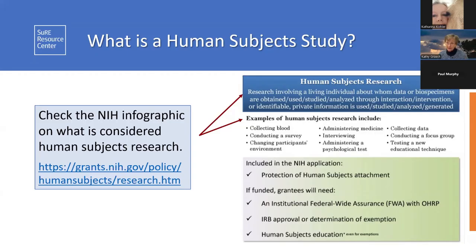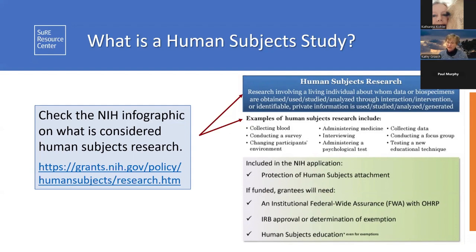If you are funded as a grantee, you will need to have an institutional federal-wide assurance with the Office of Human Research Protections, IRB approval or determination that your study is exempt from federal regulation, and human subject training and education. There's a great link that gives you access to this NIH infographic and more details on what is considered human subjects research.